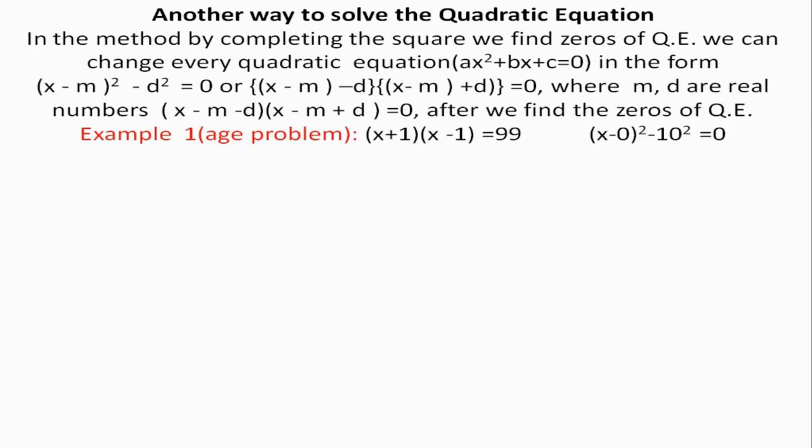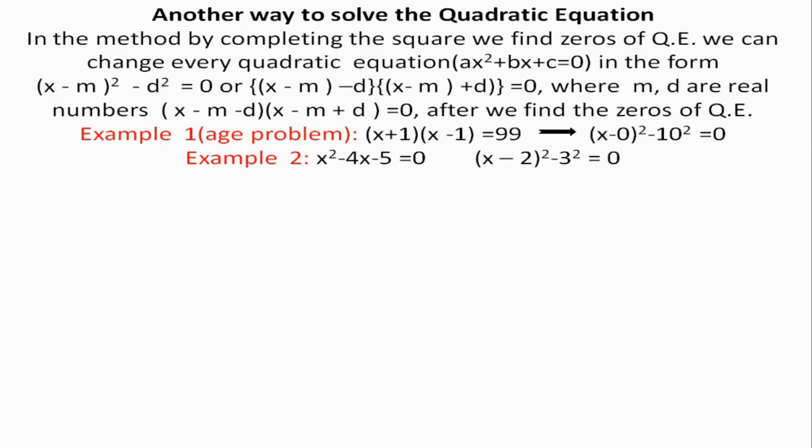In the same way, we also convert other problems. As you can see, the first problem: (x plus 1) into (x minus 1) equal to 0. I can rewrite this equation in the form (x minus 0) whole square minus 1 square equal to 0. The second problem, x square minus 4x minus 5 equal to 0.